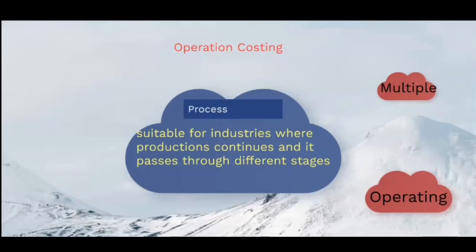The finished product of one process becomes the opening raw material of the subsequent process. Hence, a separate account is opened for each process. It is followed in textile industries, chemical industries and also in sugar manufacture. The finished products are obtained at the end of each process.